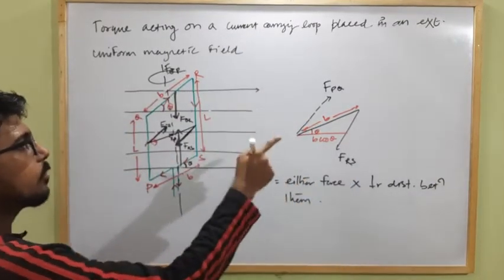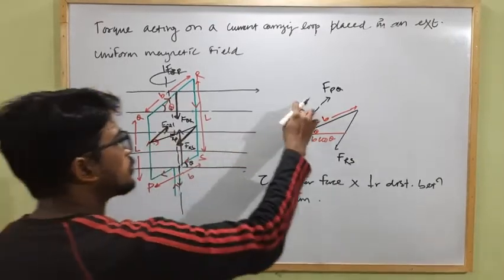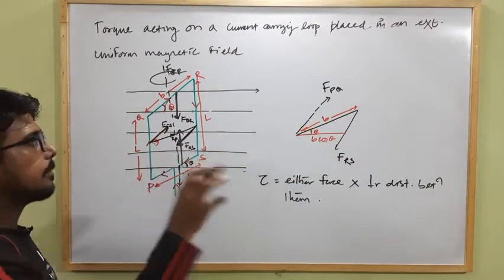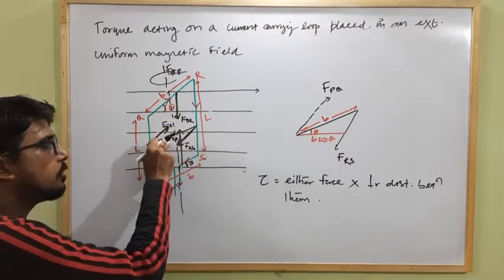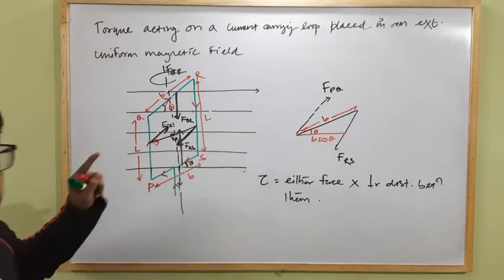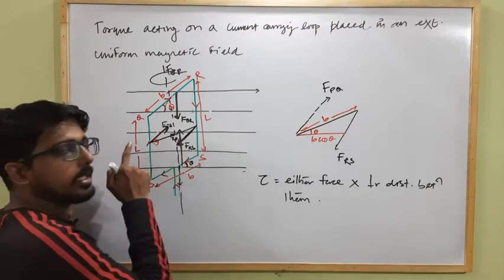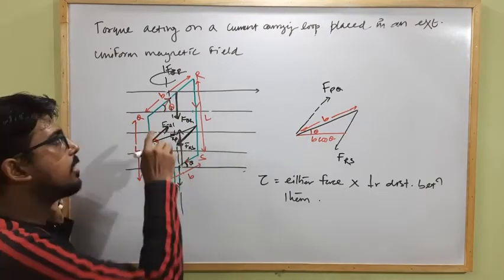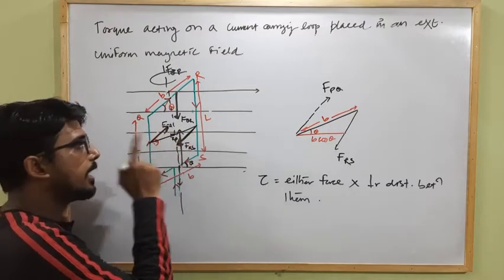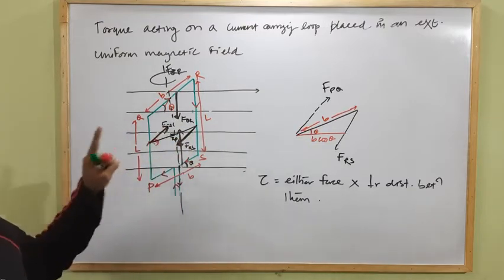Here we can calculate the torque of these two forces about any axis of rotation or about any point, because the net force acting on this loop is 0. When the net force acting on a body is 0, the torque due to any pair of forces able to produce a turning effect can be calculated about any point.